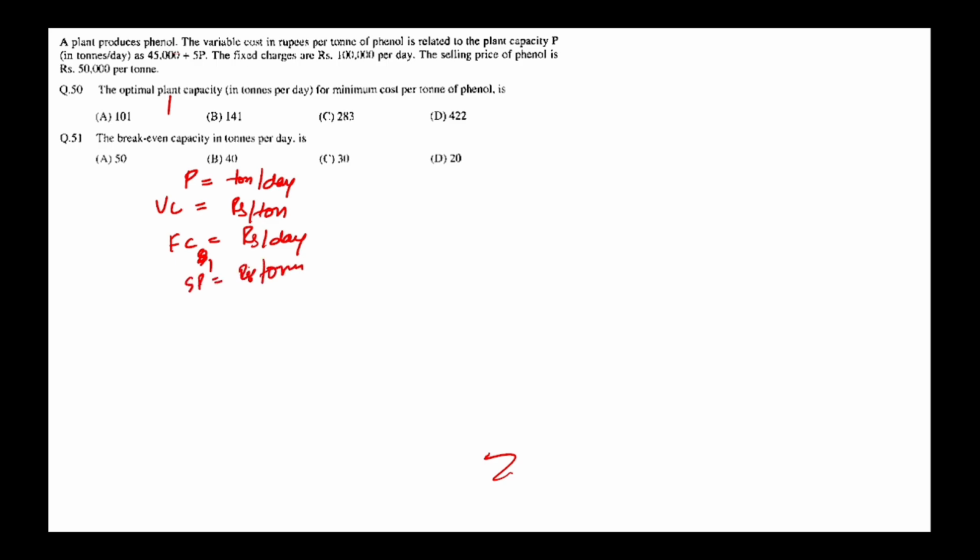Okay, so we have different units. Now for optimal plant capacity, for minimum cost per ton of phenol, we have to minimize what? Minimize rupees per ton, that is cost per ton. I think you have noted down the units, because I am going to erase this. Just remember the units. In this question, you have to deal with the units.